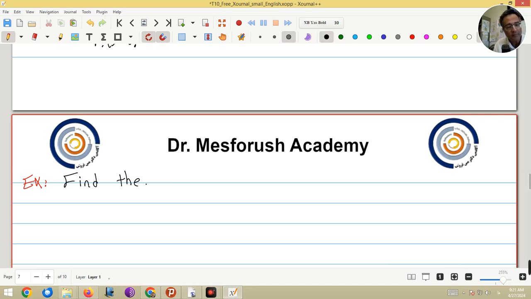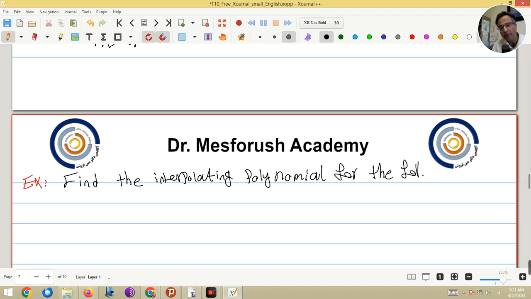Find the interpolating polynomial for the following nodal points.